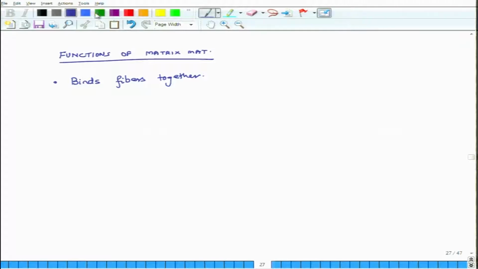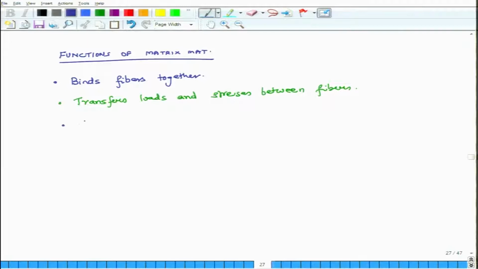And that allows the overall composite to come together, otherwise you have just individual parts. Second, it transfers loads and stresses between fibers and between the composite structure.